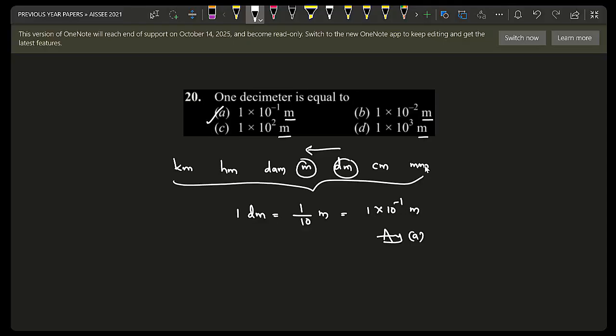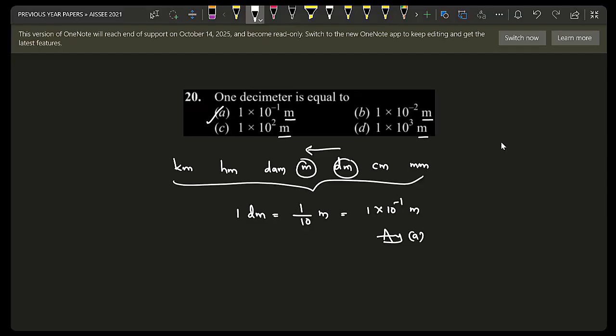Suppose you are moving 3 steps left, 10 to the power what? Minus 3. Very good. 3 steps right, 10 to the power 3. Right side it is plus 3. Yes. Remember that. Okay, sir.